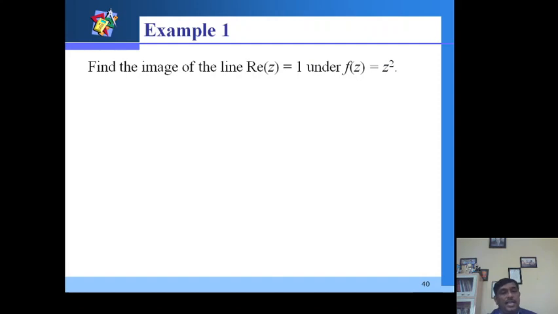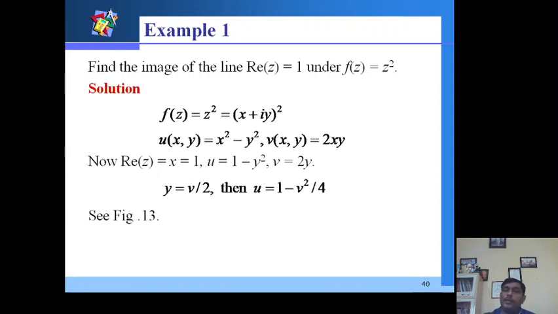We will give one example related to this. Find the image of real part of z is equal to 1 under the mapping f of z is equal to z square. Given that f of z is equal to z square, z is in Cartesian form, x plus iy.